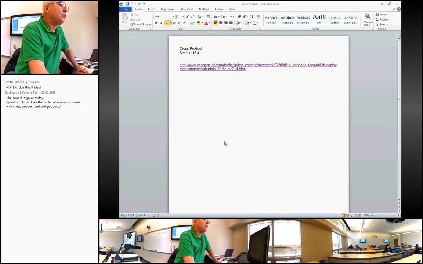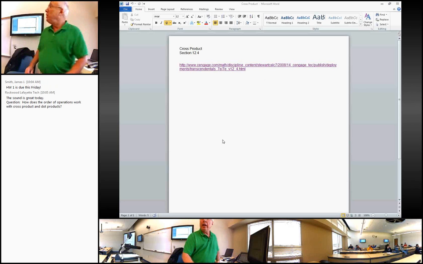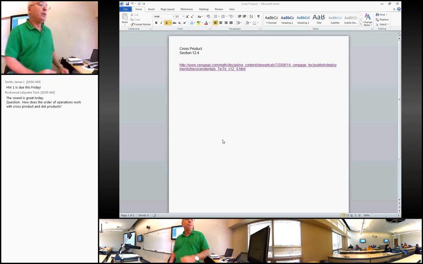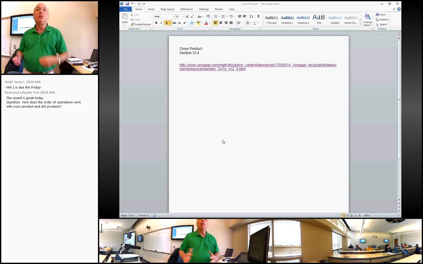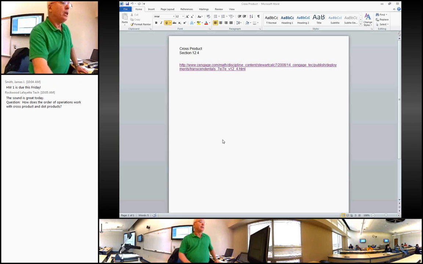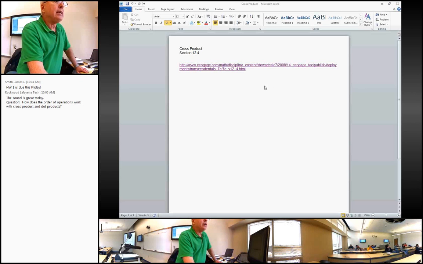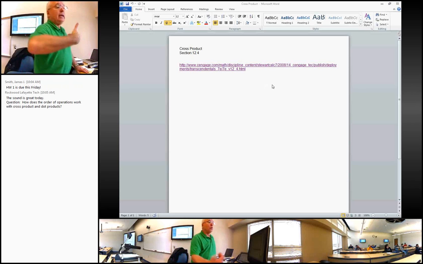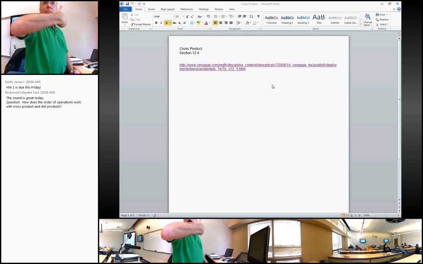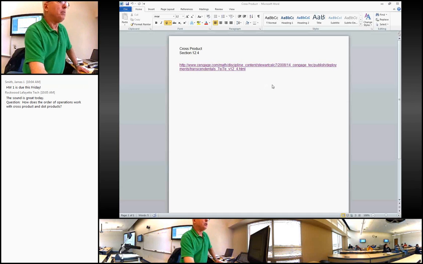The red arrow is A, the green arrow is B, and the blue arrow perpendicular is the cross product. So we're doing red arrow cross green arrow. Notice as long as the angle here is less than 180 degrees, using the right-hand rule, the cross product is going to be going up.